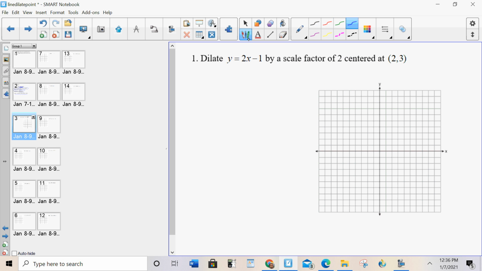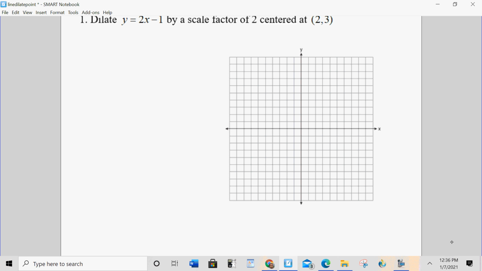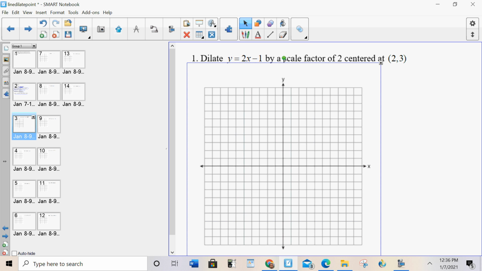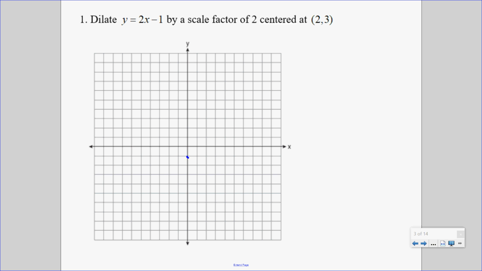So if I graph this line, y equals 2x minus 1. Let's make this a little bit bigger. Y-intercept is negative 1, slope is 2.